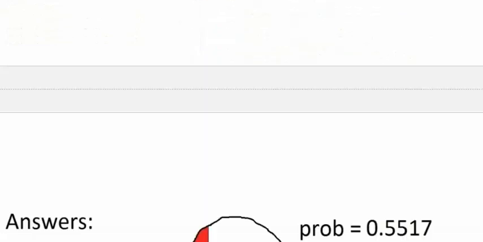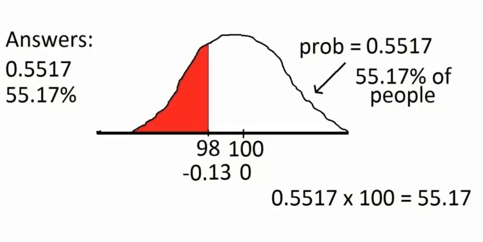And now we're going to make our diagram. So now what we're actually focusing on is not the red area, but the white area right here, because the white area is what we actually solved for. So what we found out is that the probability of randomly selecting an individual from the general population and getting a person above 98 in the white area is 0.5517.